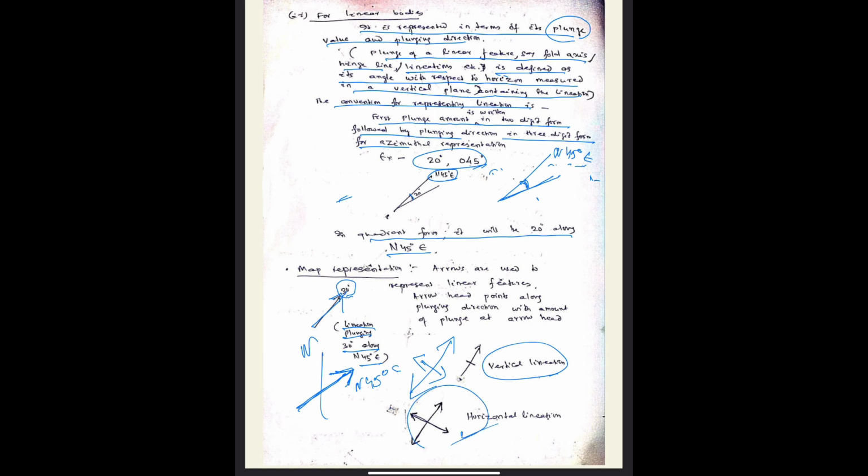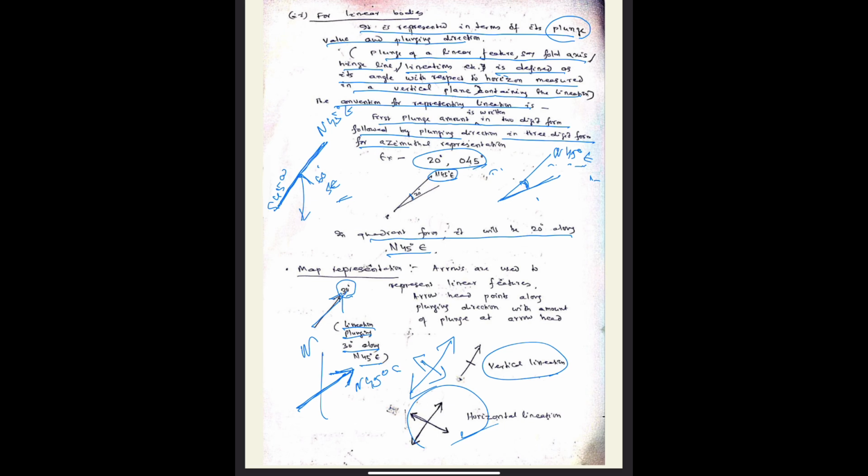This is a horizontal lineation. And we may have a dipping bed containing a lineation. So, let us say this is a dipping bed striking north 45 degrees east, south 45 degrees west, dipping 60 degrees towards the southeast. If it contains a lineation, we can show the lineation like this.